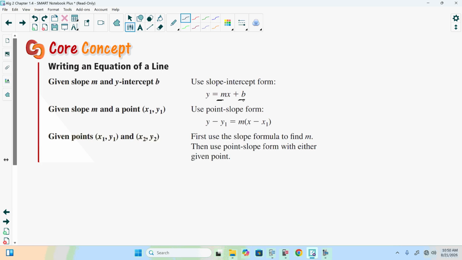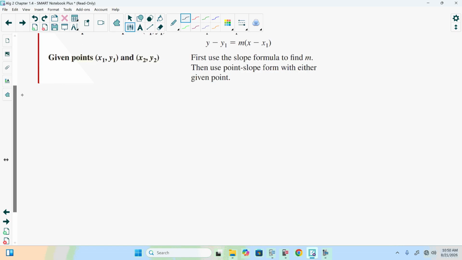And y'all have done this, especially in Algebra 1. They did not always give you the slope. They sometimes gave us 2 points. And if they gave us 2 points, what we do is we take our slope formula, y2 minus y1 over x2 minus x1, which is really what?